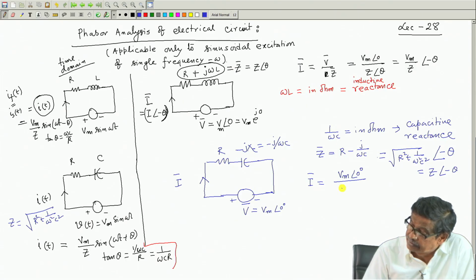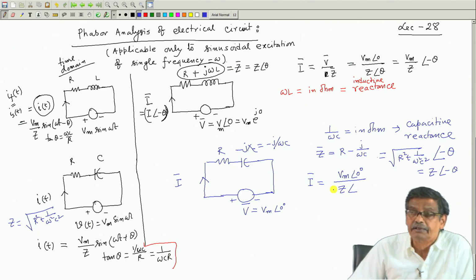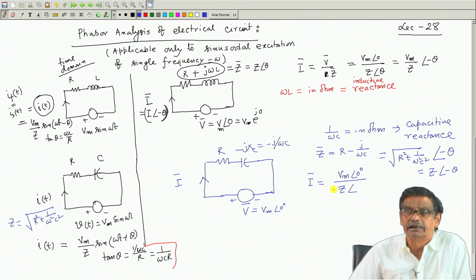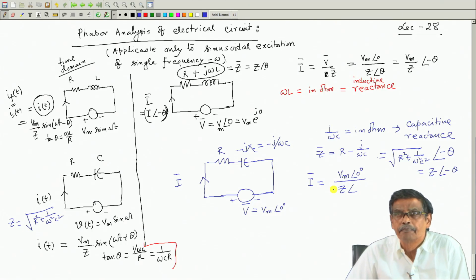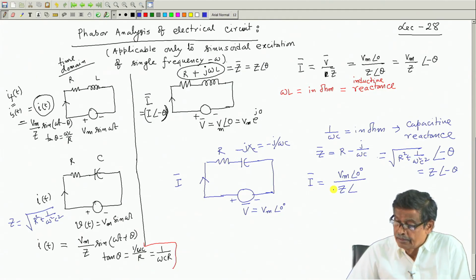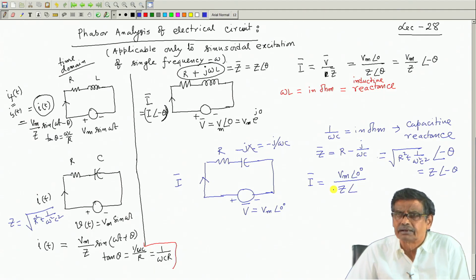While dividing and multiplying phasors, it is better you express in polar form, and while you want to add complex numbers, it is always better you express it in rectangular form. Addition, subtraction of phasors can be easily done if it is expressed in rectangular form, a plus j b form, and for division, multiplication better use polar.